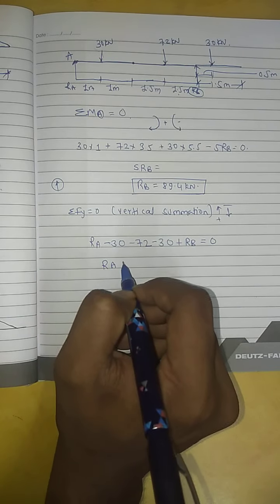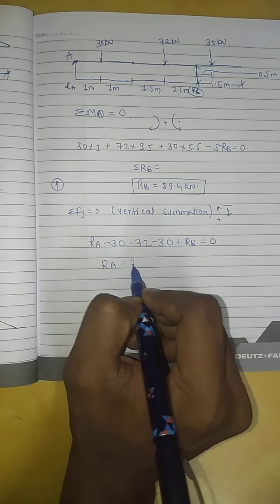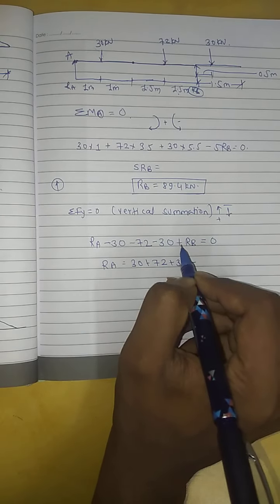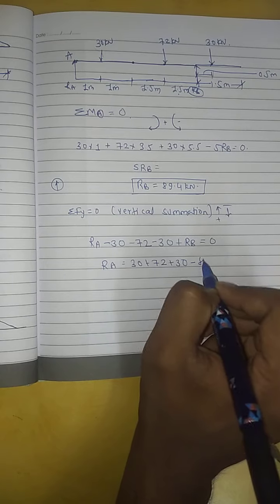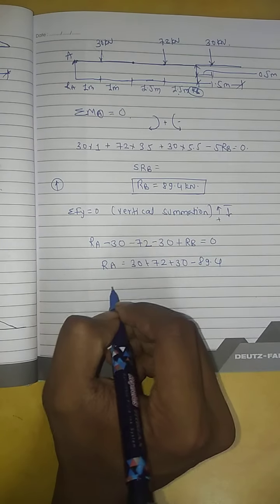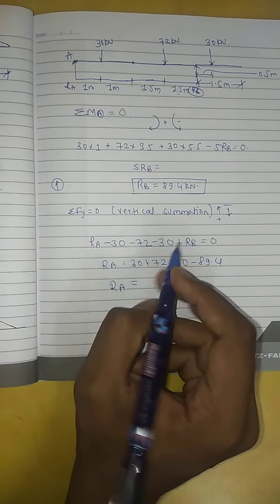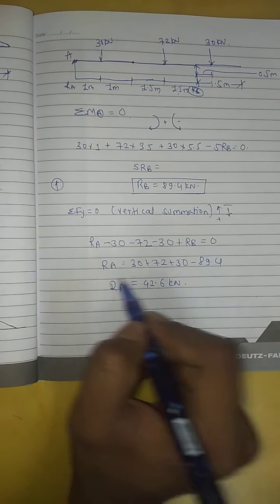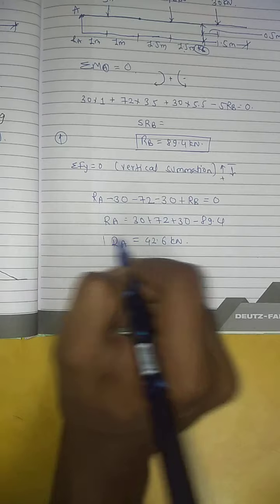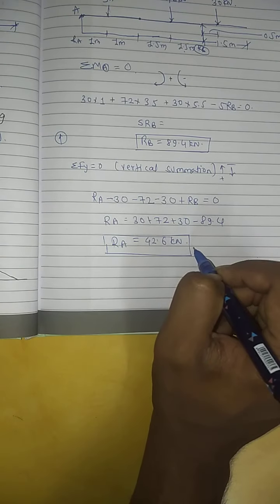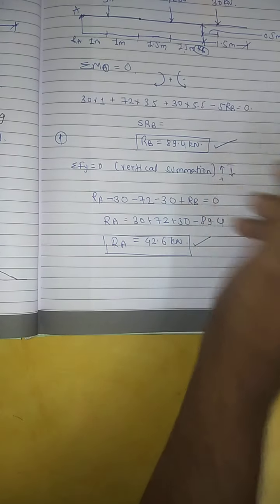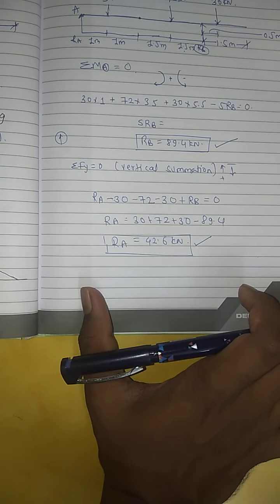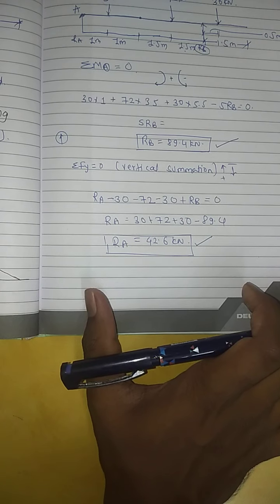So RA is equal to 30 plus 72 plus 30 minus RB, which is minus 89.4. So our RA will be equal to 42.6 kilonewton. So this is the way you have to solve the problem. These two reactions we had to calculate, and we have calculated them. I hope the problem is clear to all of you.